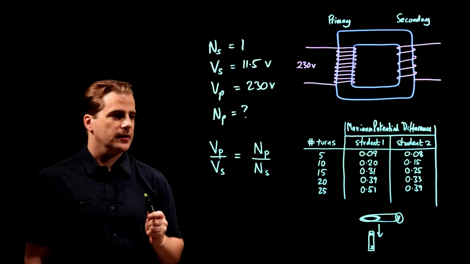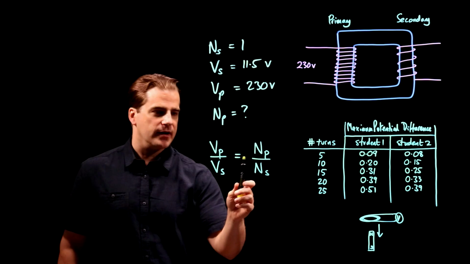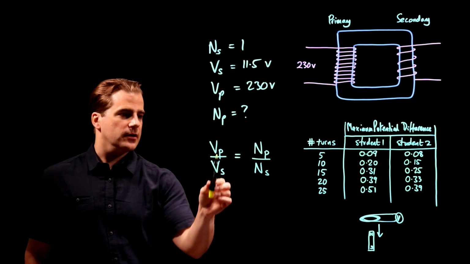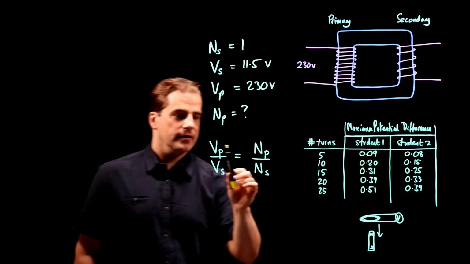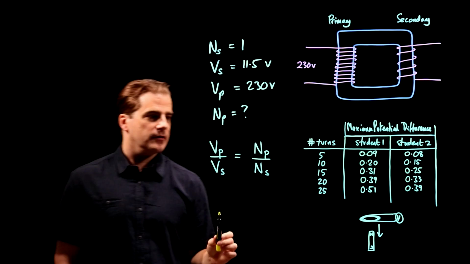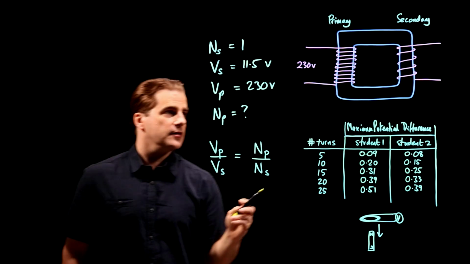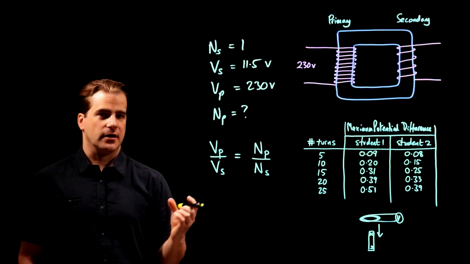Okay? Remember that equation. A good way of remembering it is that the ratio of the voltages from there to there is the same as the ratio of number of turns. The number of turns directly determines the voltage, if you like.